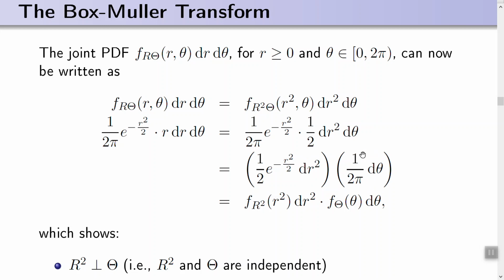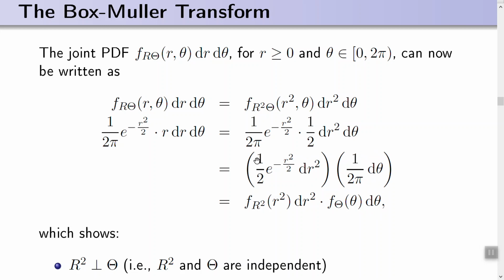The PDF of theta is 1 over 2 pi. So that would be the PDF of what kind of distribution? Yeah. Uniform from 0 to 2 pi. Which is exactly what we want, because theta represents the angle, and we want it to go from 0 to 2 pi, and every angle from 0 to 2 pi would be equally likely.